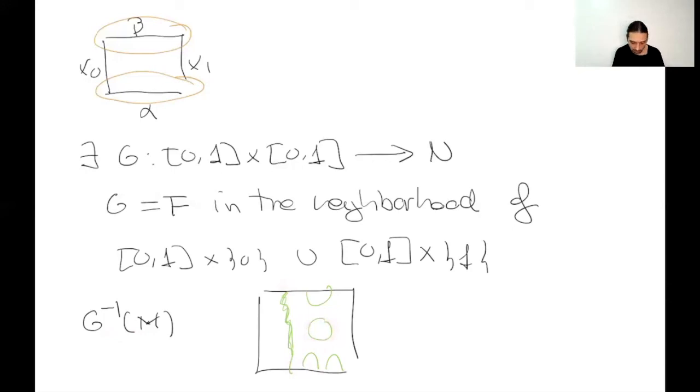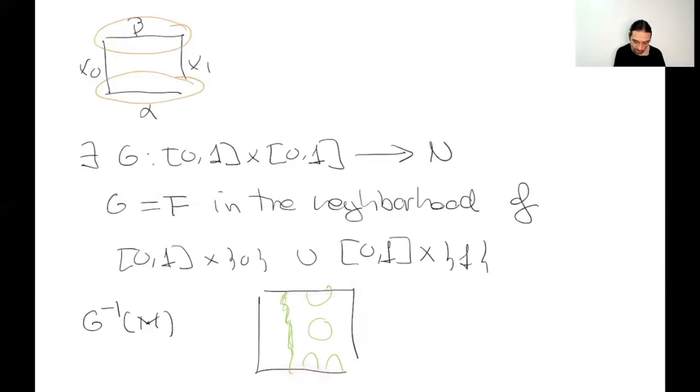We cannot intersect the boundary here or here because the image of those points is x0 and x1, and those points don't belong to N. So as a consequence of this construction, the number of points that we have in the upside or the downside is not necessarily the same, but they have the same parity.